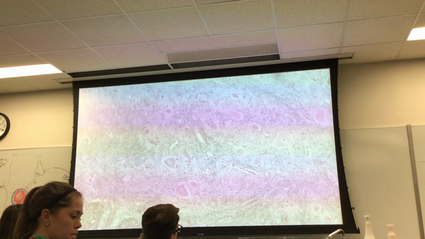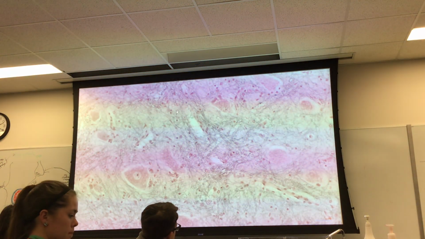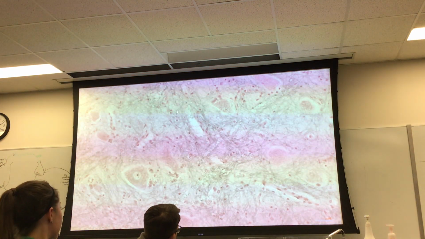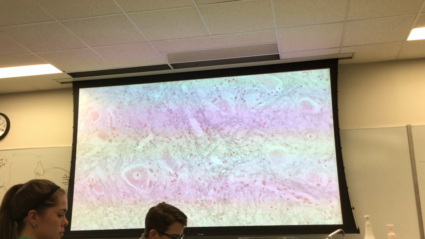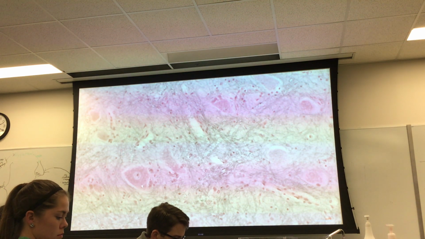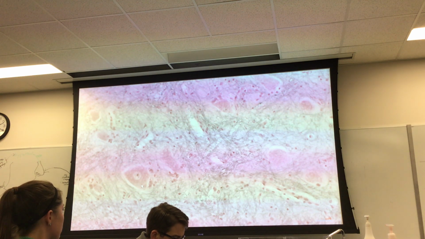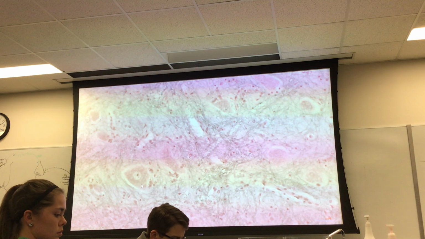Let's increase our mag a little bit. So, assuming that we're in the ventral horn, which we are, what do you call these cells right here? What is that cell called? Alpha motor neuron.